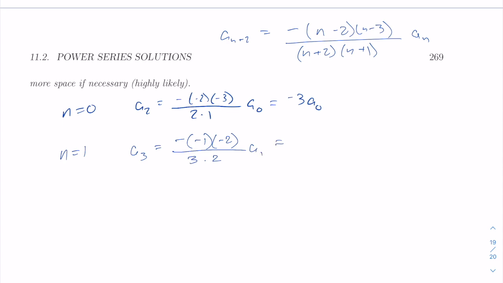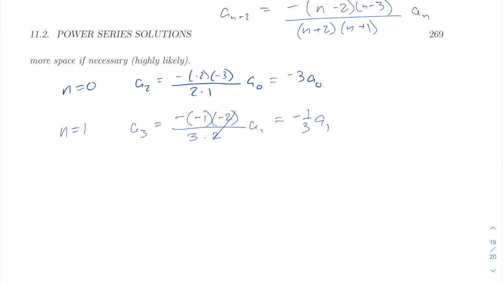All right, what cancels here? So those, and I get negative 1/3 a1. Now let's try n equals 2, so a4.